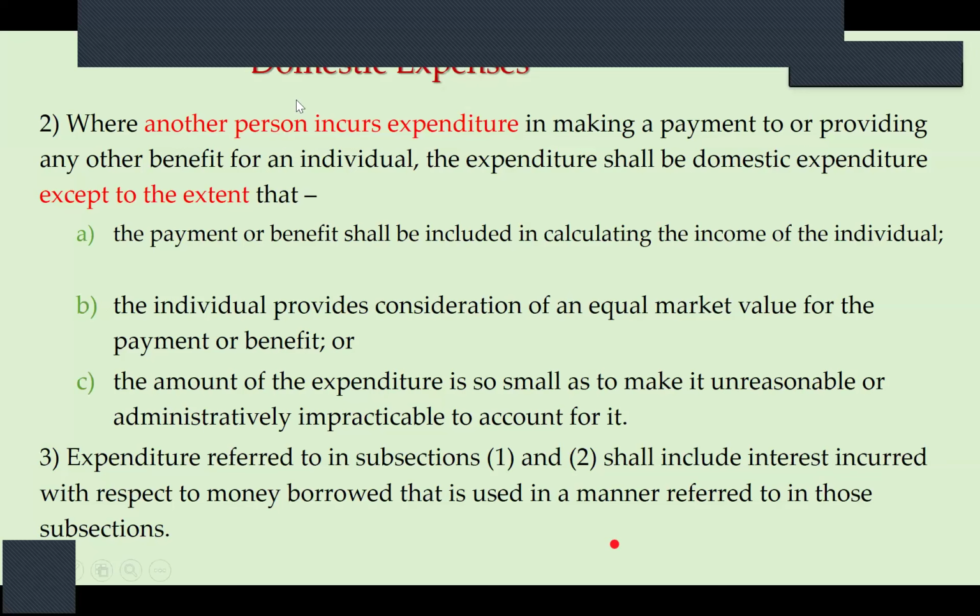Here we are using the person, not the individual, where another person incurred. A person can be either an entity, company or partnership. Anything can be this person. This person makes the payment to an individual. So if that individual included that amount under his income when he is calculating his income tax liability, then this person is allowed to deduct it as an expenditure. This person's expenditure is the individual's income.